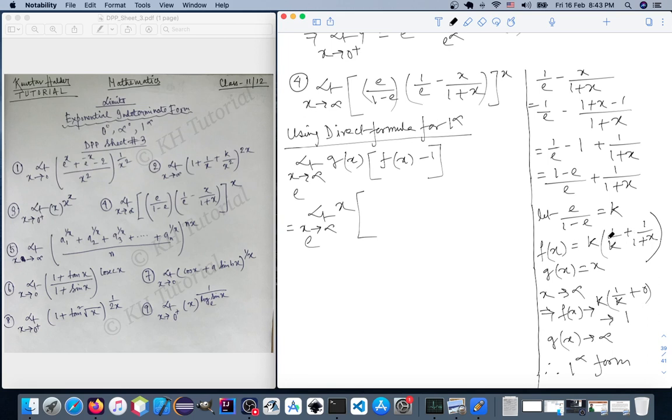If we bring the k inside, it will be 1 plus k into 1 by 1 plus x. So f(x) minus 1 becomes 1 plus k into 1 by 1 plus x, minus 1. This becomes limit x tends to infinity x times k by 1 plus x.